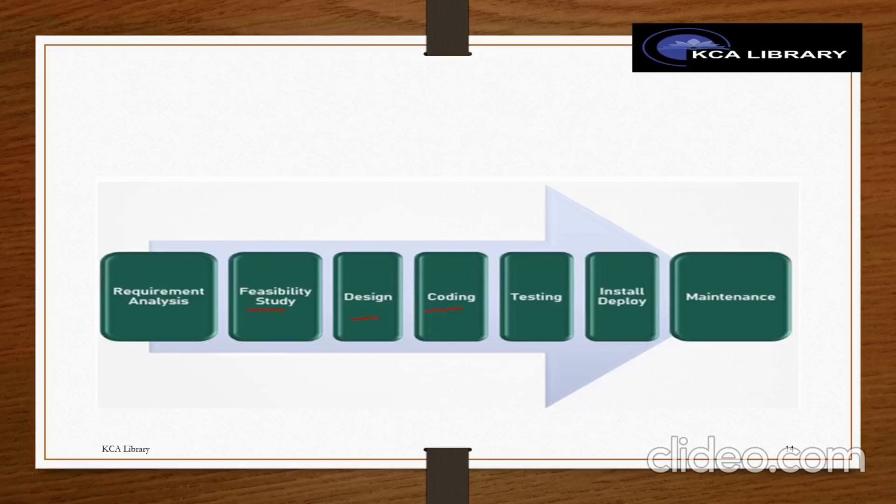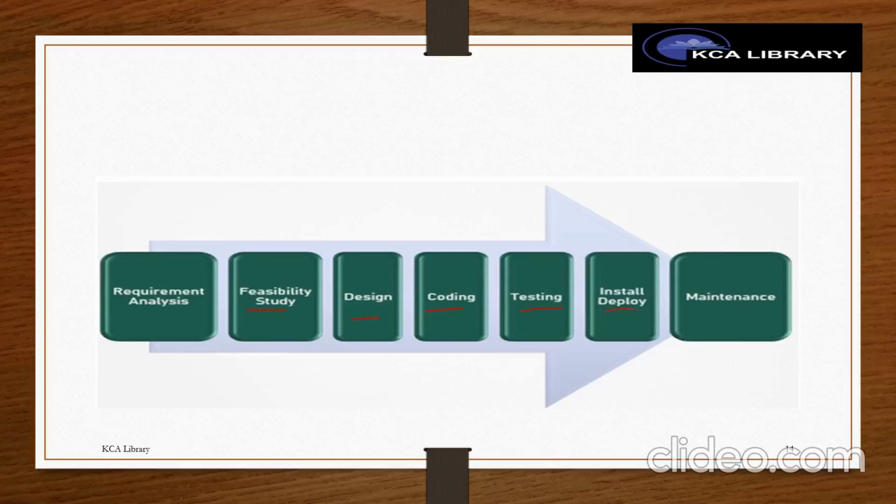In this phase, developers start building the entire system by writing code using the chosen programming language. Once the coding is done, the system is put into the testing environment by the testing team to test the functionality of the entire system.